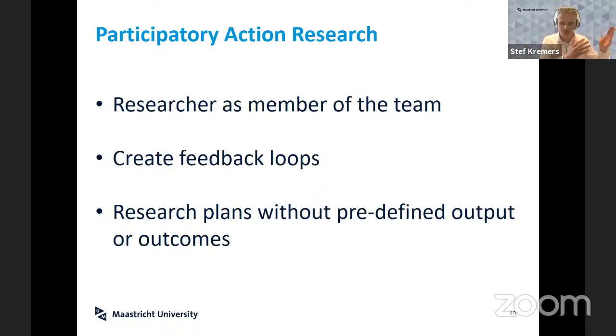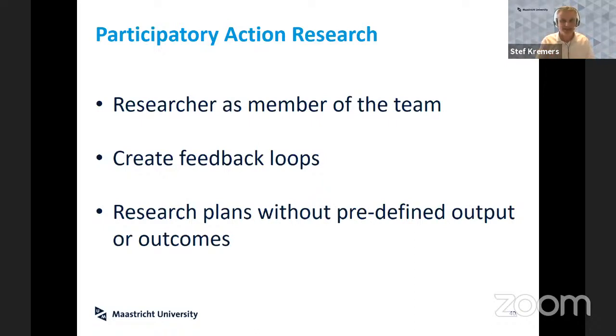Of course, RCTs are sometimes good, but in very rare cases where we need to test efficacy trials and test whether a particular isolated intervention might work, very good. But for the remainder, I put much more value in participatory approaches, where the researcher is a member of a team and is a person that also takes responsibility for creating feedback loops.